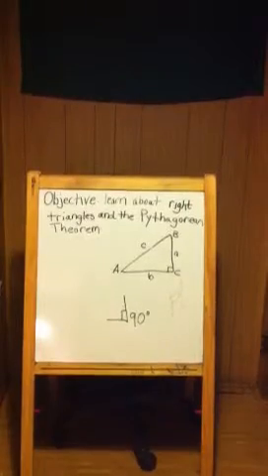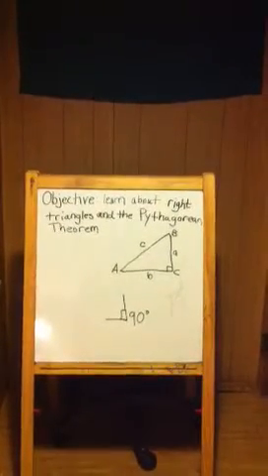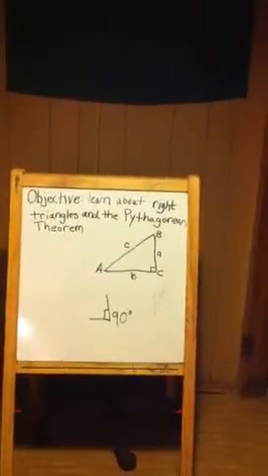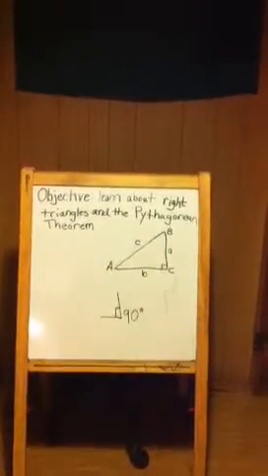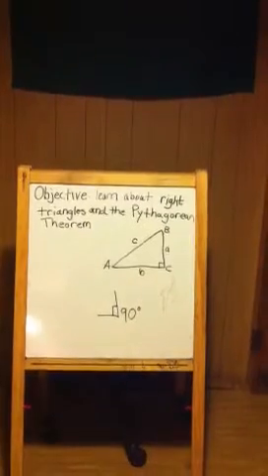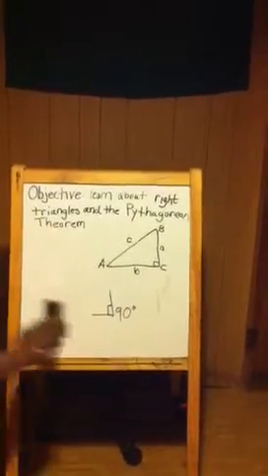Before we move on, does anyone have any questions? No. Now we can move on and learn about the Pythagorean theorem. Let me write this formula down for you guys.